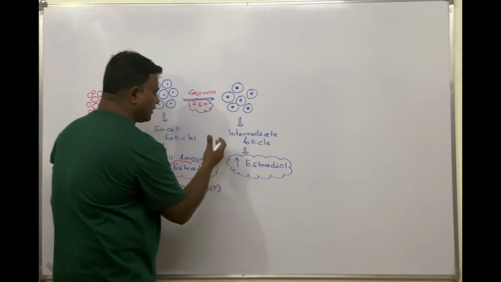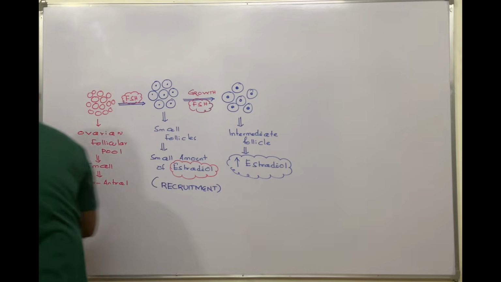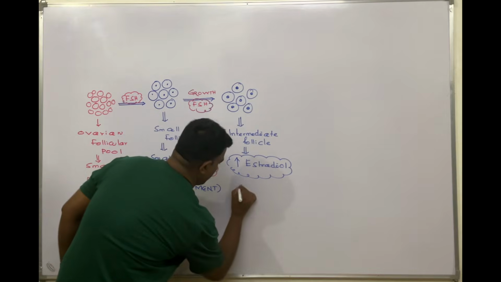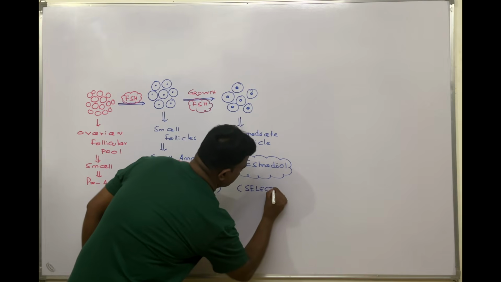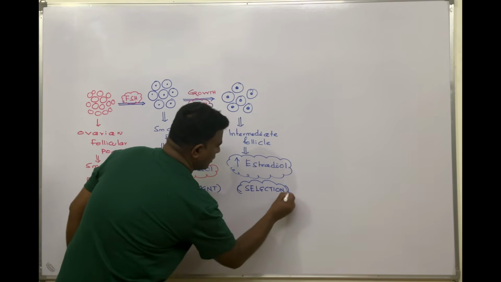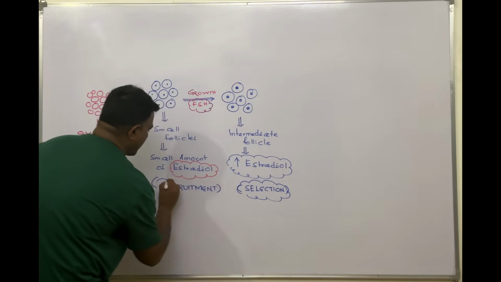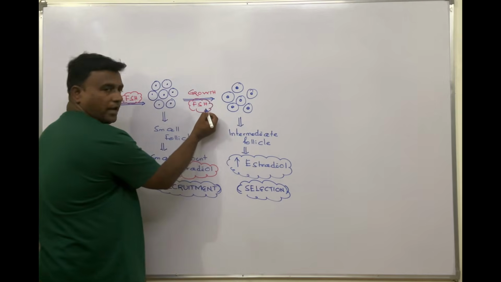Estradiol secretion is increasing compared to the previous stage, and this particular stage, recruitment, is followed by the process known as selection. So this is selection, meaning only a few are undergoing growth under the available conditions of FSH.